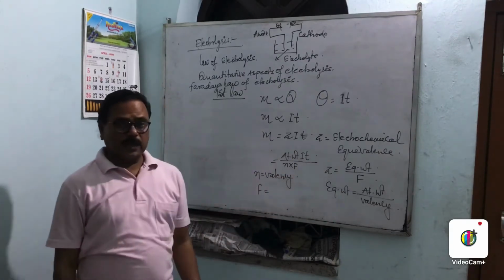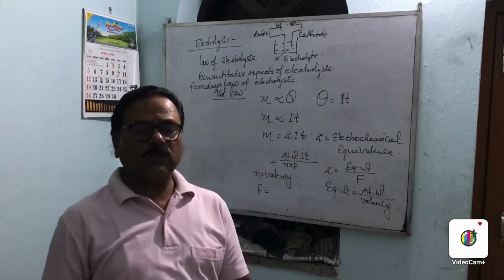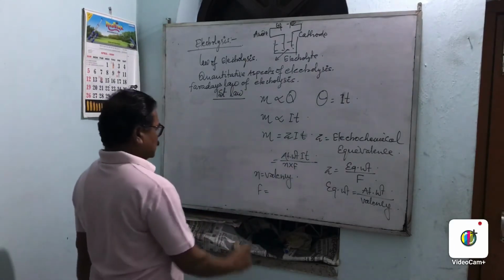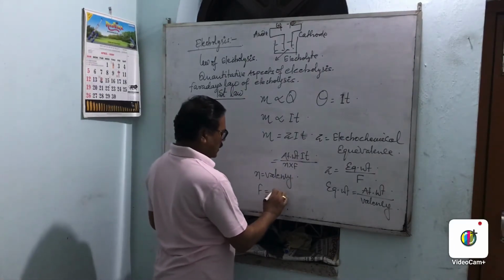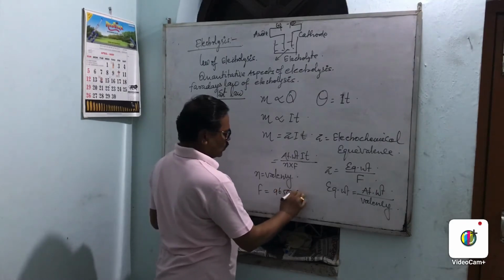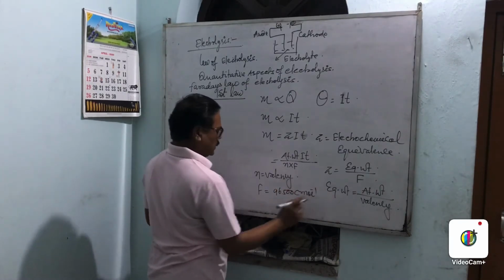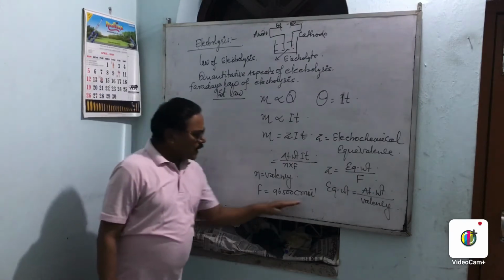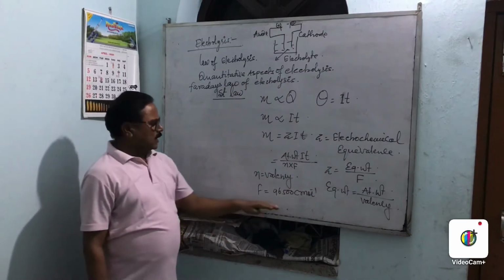What is the Faraday? The charge carried by 1 mole of electrons is known as the Faraday. Its value is 96,500 coulomb per mole.